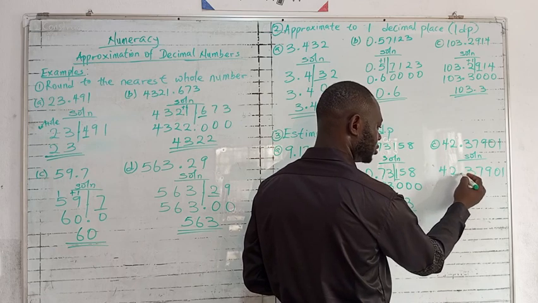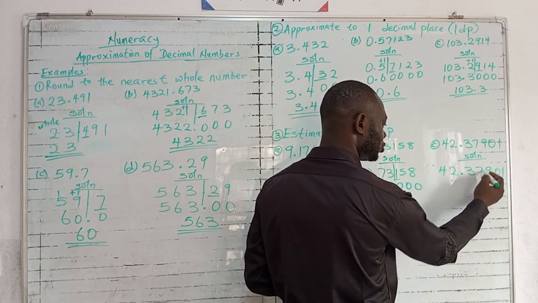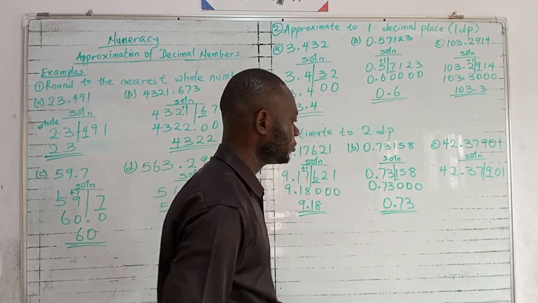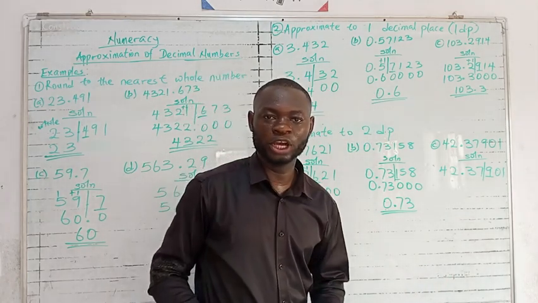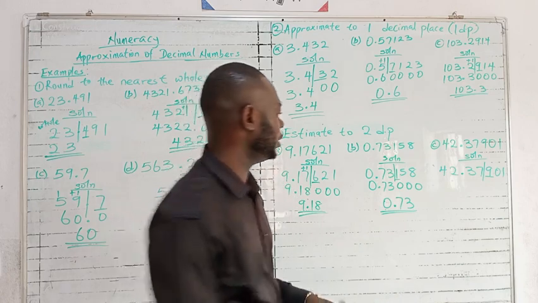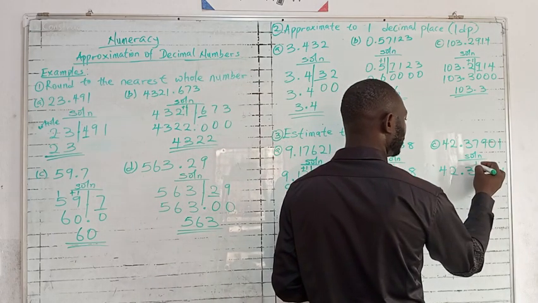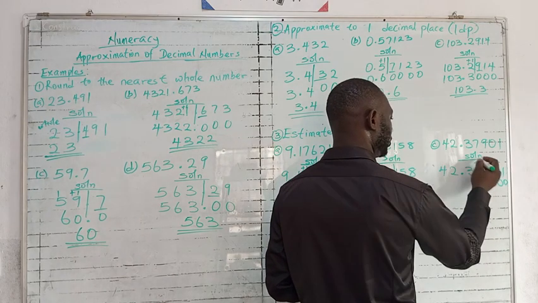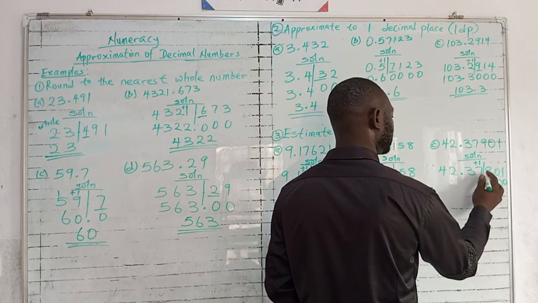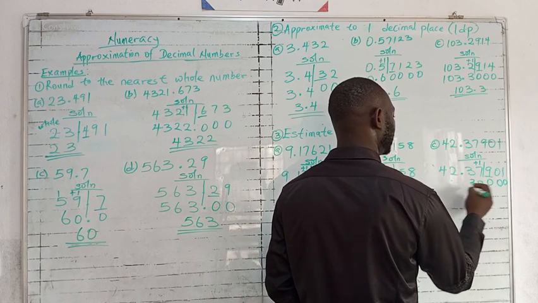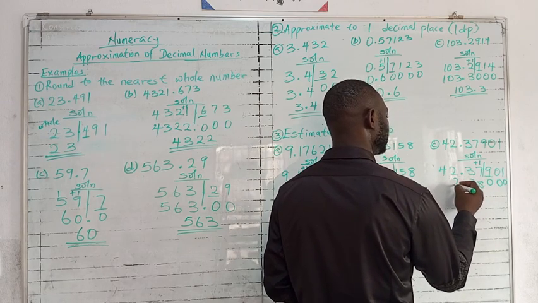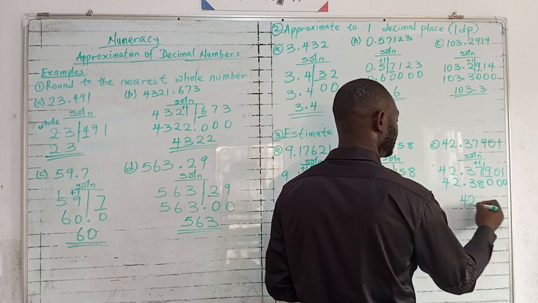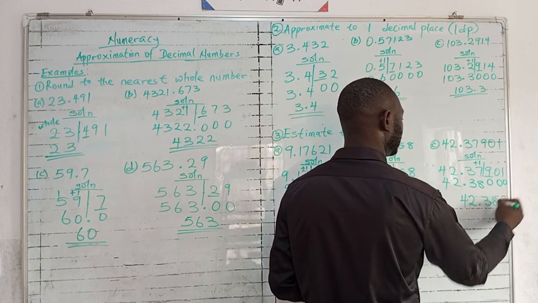From the decimal point, we go 1, 2. Put our slash, we consider 9. 9 is in what group? Group A, Group B, Group B. Since 9 is in Group B, we add 1 to 7. Here becomes 0, here is 0, here is 0. 1 plus 7, 8. We bring down 3, bring down your point, bring down 2, bring down 4. Therefore, our final answer becomes 42.38.